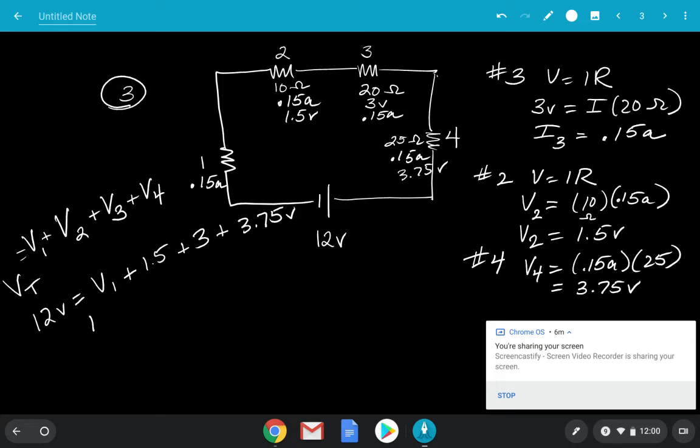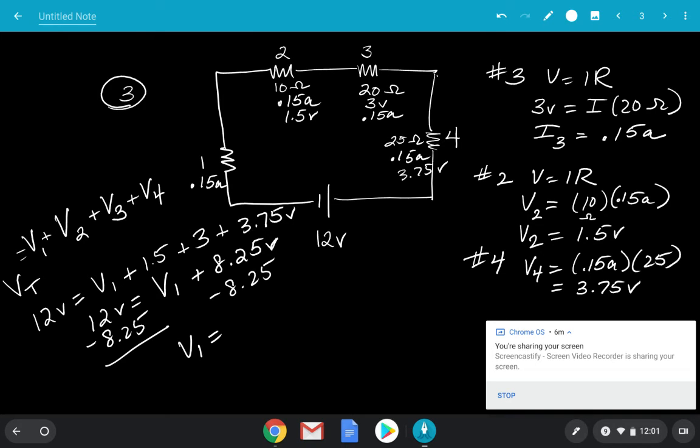That adds up to 8.25 volts. So what I can do is simply subtract it away, and that will give me the voltage for number 1. Look at all that logic. So V1 is going to be 3.75 volts.